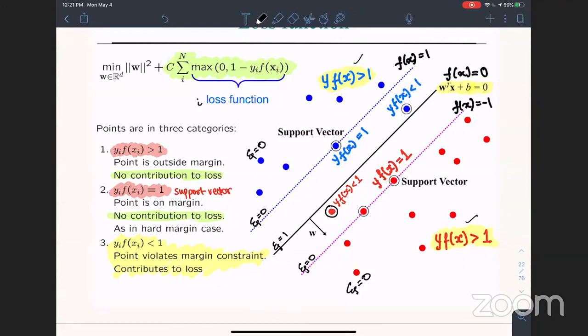That means if you are well within your country, deep down inside your land, you're not going to get misclassified. What will happen if y(fx) is exactly equal to 1? Now, what is that line? Y(fx) equal to 1 are exactly these lines, the lines of the respective countries. It means the point is exactly on the margin, right?